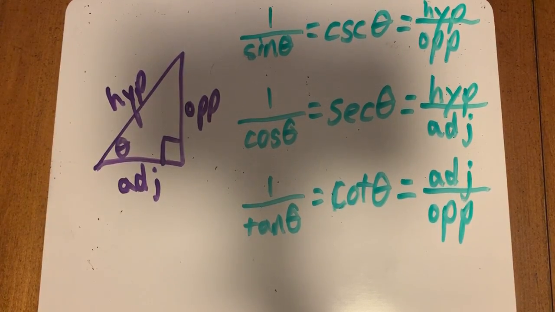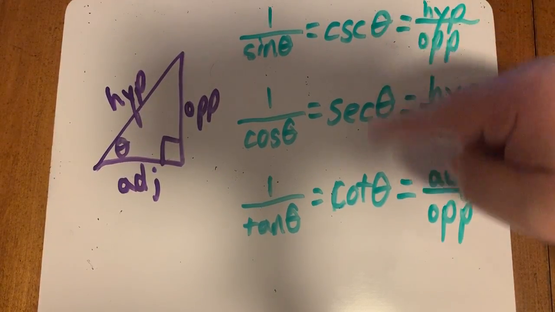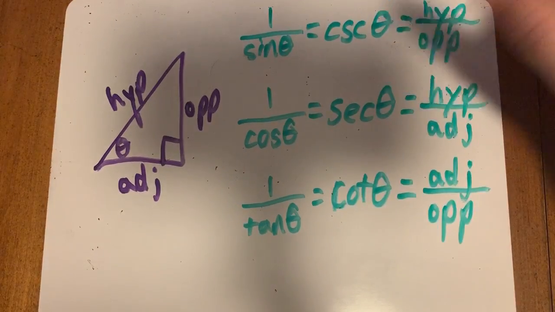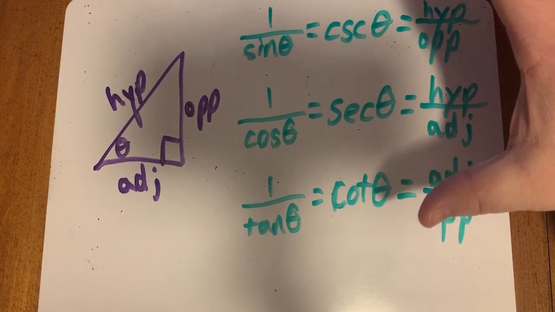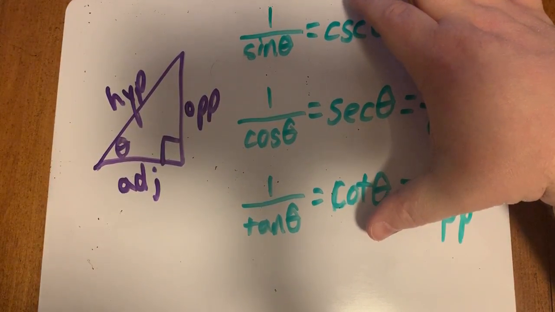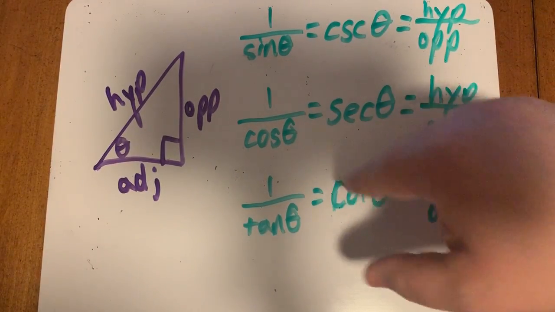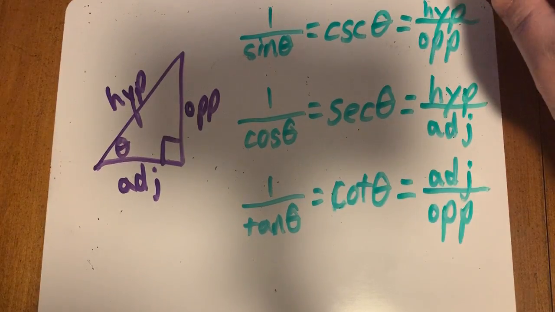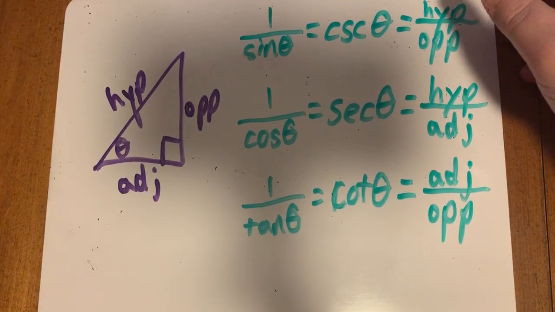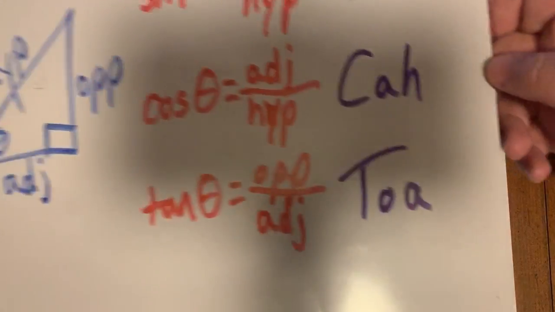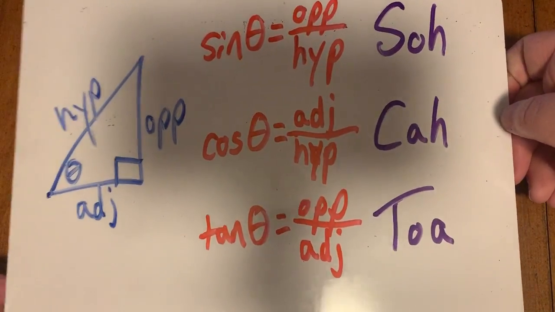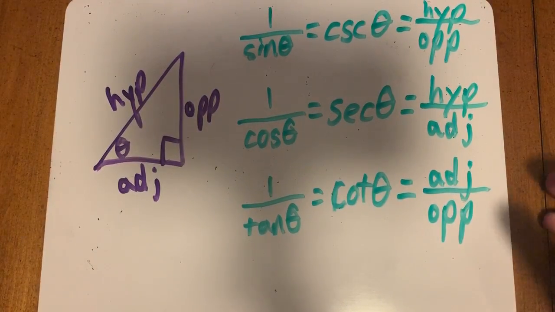Unless you have a very, very advanced calculator, you're not going to have one with secant, cosecant, and cotangent on it. So we don't have a mnemonic device for these. These, you should remember these relationships. That cosecant's the reciprocal of sine, secant's the reciprocal of cosine, cotangent's the reciprocal of tangent. But almost every time we will be using these 3 as opposed to these 3.